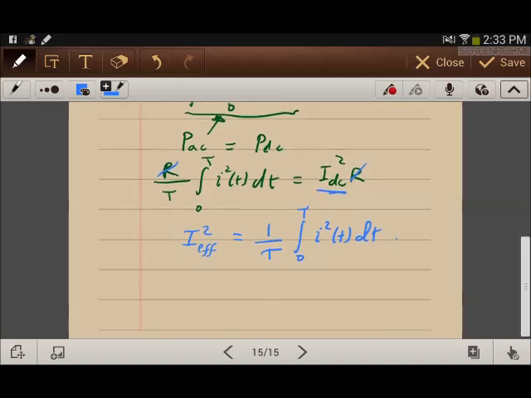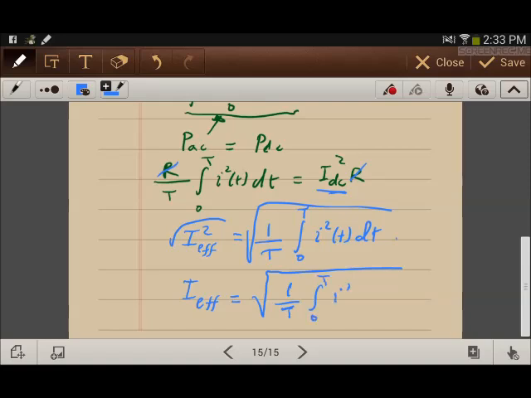So now I will take the square root for both sides, and I get the effective value of the AC current that will produce the same equivalent amount of heat in the resistor as a DC current. So this is the formula.